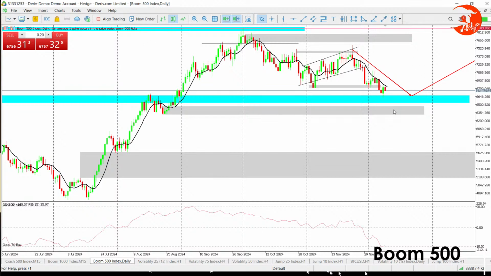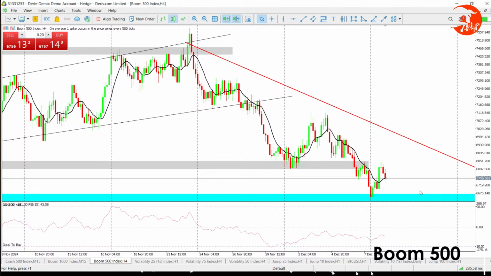So for now, how do we enter? How do we know that we're going to buy? We can't until we see price failing to break this previous lower low to give us a new lower low. So for now, we are going to wait until we see probably a choke on H4.